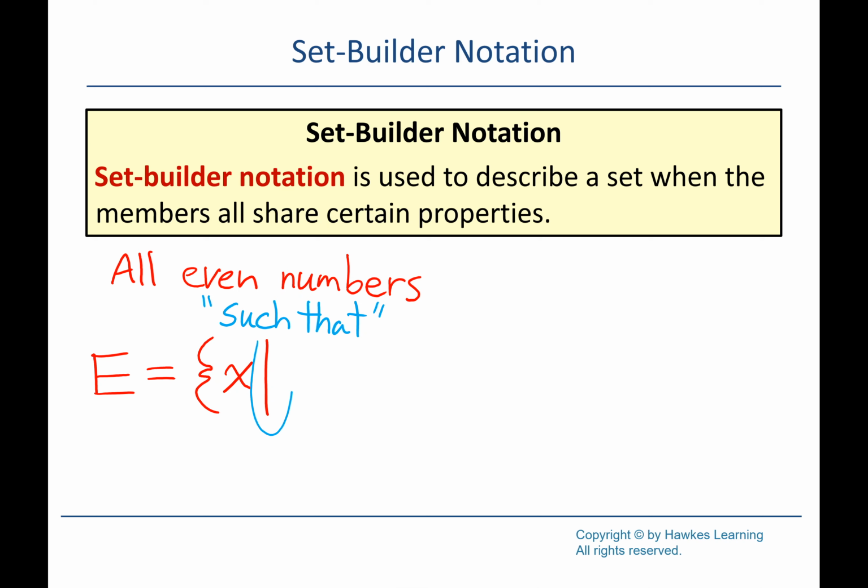That's the vertical line part. And then we state the property that we want all of our set members to have. So we could say set E is the set of all x's such that x is an even number.